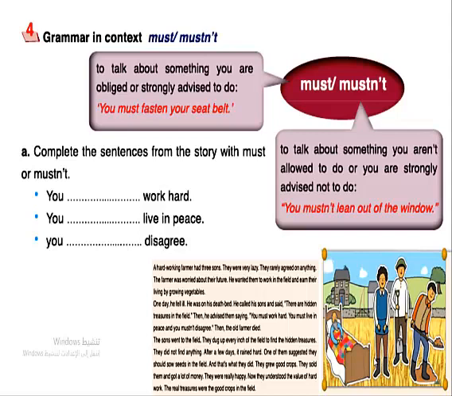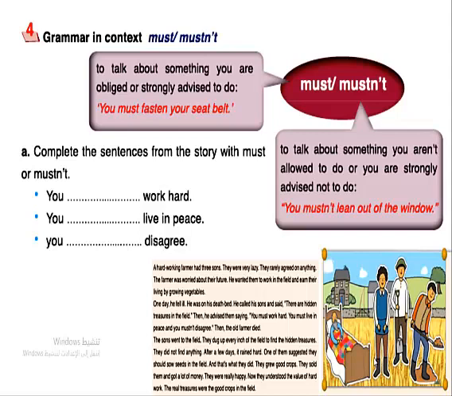You must fasten your seatbelt. And we use mustn't to talk about something you aren't allowed to do or you are strongly advised not to do. For example, you mustn't lean out of the window.